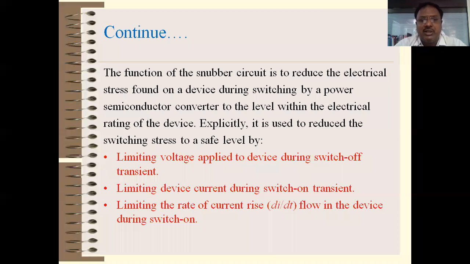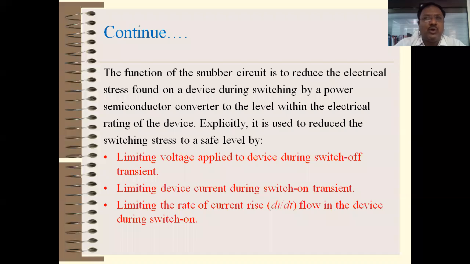So with the help of a snubber circuit, we are simply decreasing the stress on the device. Whatever sudden change in voltage, that is called high dV by dt, is applied on a device, we reduce it with the help of a snubber circuit, right? Normally the devices are used to handle a high voltage rating, but a high rate of change of voltage, that is a high voltage spike for a very short time, if applied to the device, then definitely the device either triggers without gate, or sometimes it may get damaged, right? Triggering without gate means false triggering.